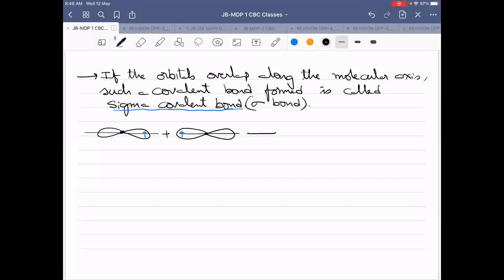Then that results in the formation of a bond like this. This is the molecular axis, the axis along which the atom nuclei will be present, the internuclear axis or molecular axis.